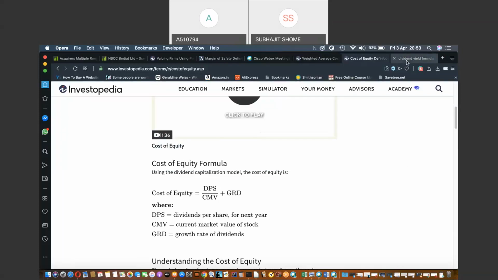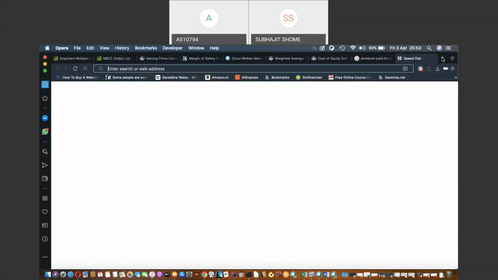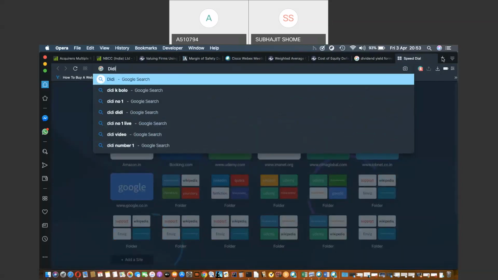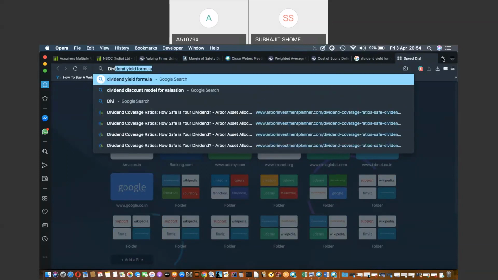Now we want to calculate the dividend discount. Before that, what was the equity value in this case?